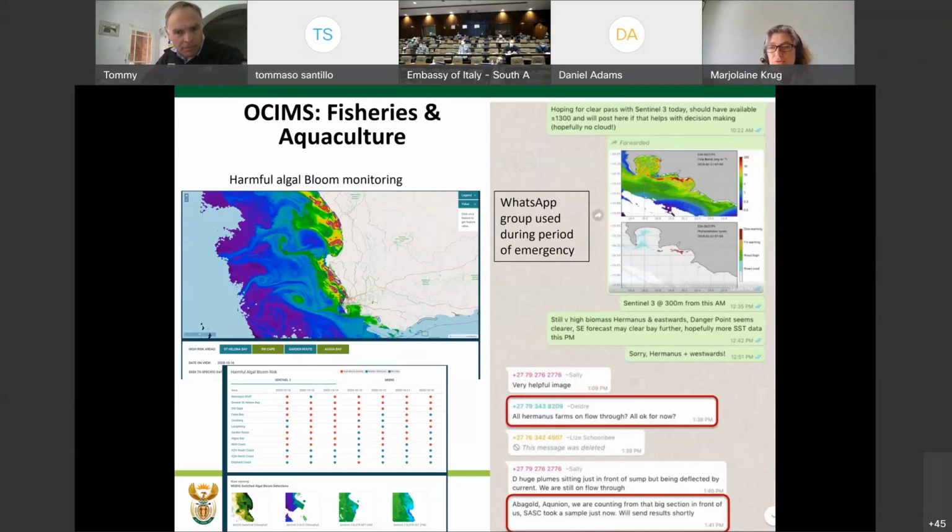And as you see in the conversation on the right-hand side, we use WhatsApp groups during high-risk periods to communicate with our stakeholders. And this is used directly by some of our aquaculture partners.